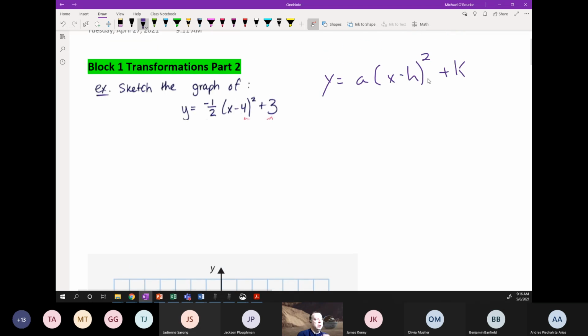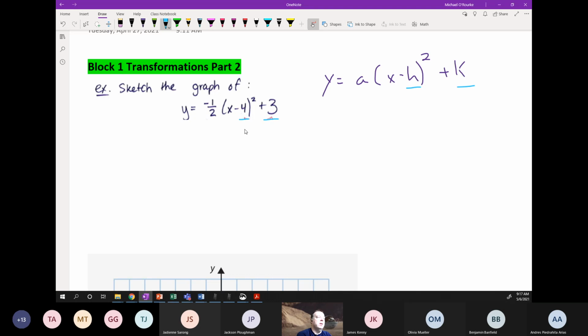So these two numbers here describe where the vertex is. Okay, and I kind of do this part first, and then I go to a value.